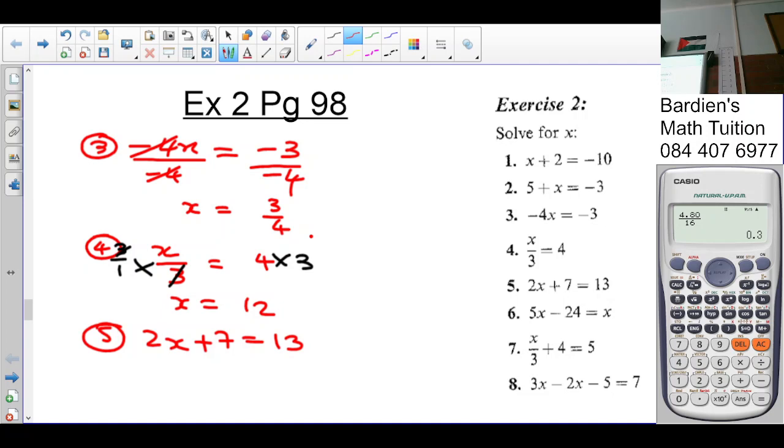2x plus 7 minus 2x. Say again? 2x plus 7 minus 2x is equal to 13. So you said 2x plus 7 minus 2x equal to 30. Is that what you wrote?